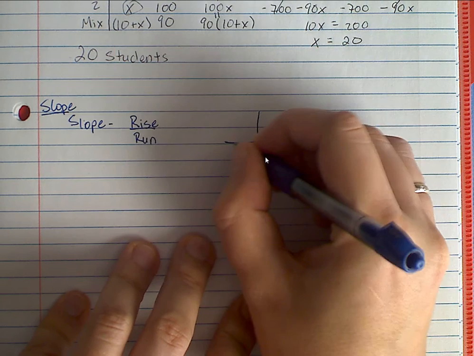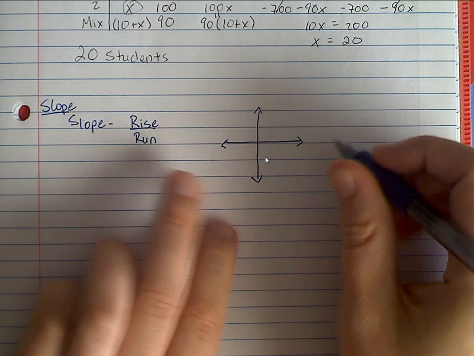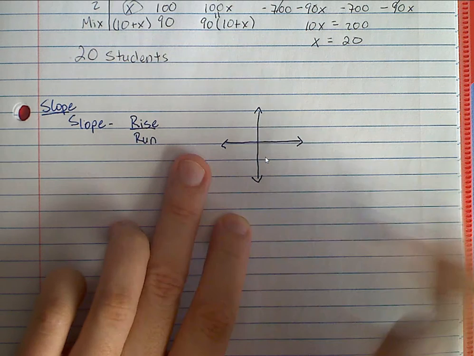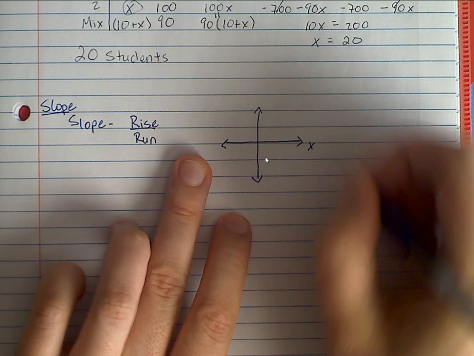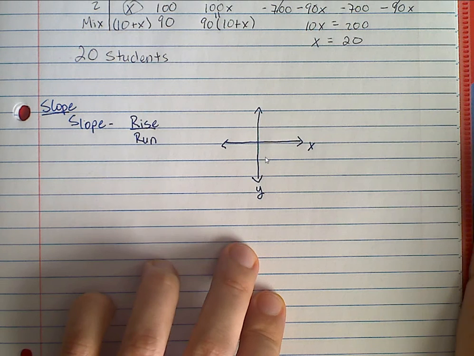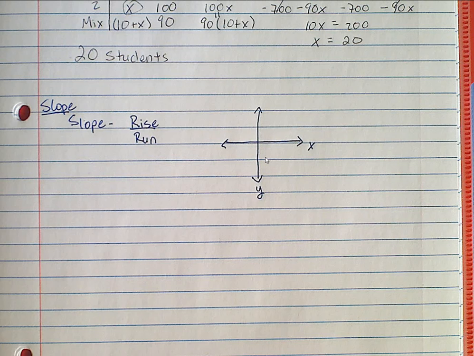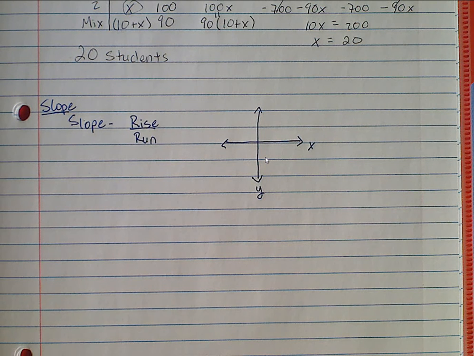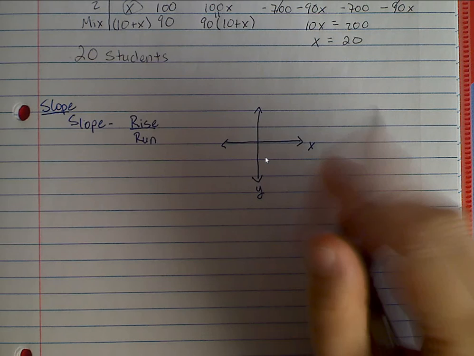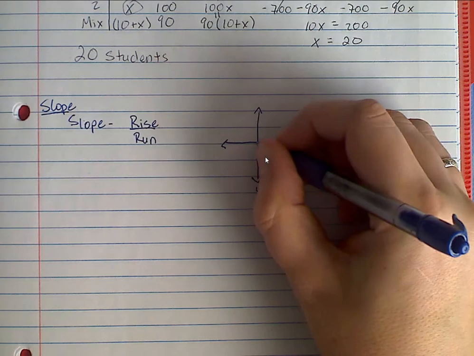As a quick refresher for everybody, going left and right, we have our x-axis. Going up and down, we have our y-axis. So the x-axis goes left and right, and the y-axis goes up and down. For the most part, this should make pretty good sense to you. Right here in the middle, where these two meet, we've got our point 0, 0.